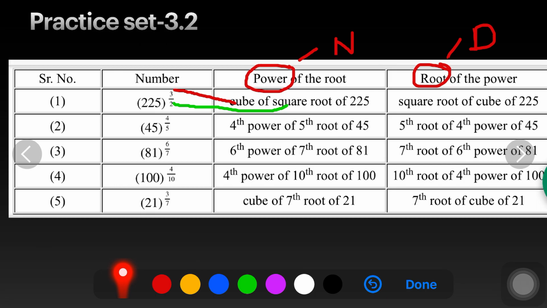So sixth power of seventh root of 81. Now in root, how will you mention? First the denominator. So seventh root of sixth power of 81, and so on. I hope you understood, students.